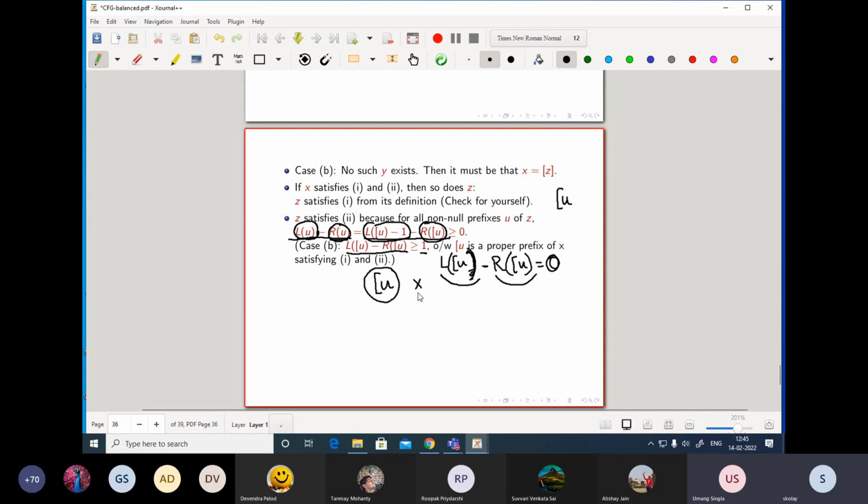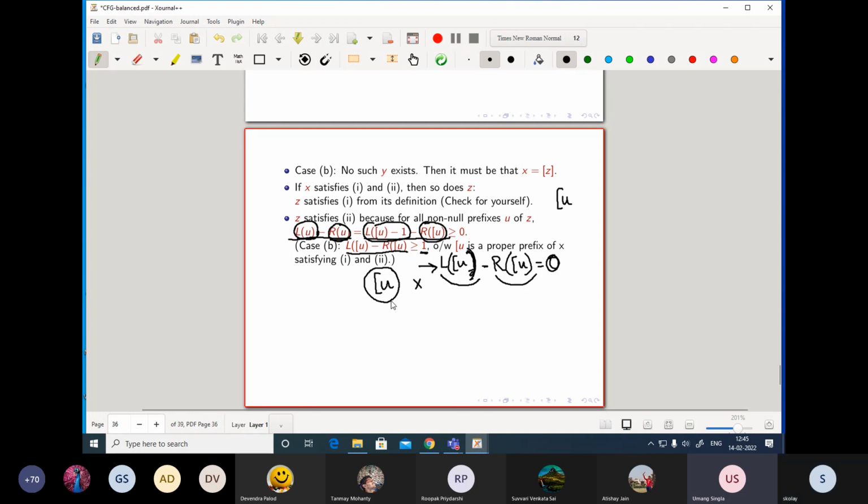That means for all of them, surplus is greater than or equal to 0. That means bracket u is a proper prefix of x that satisfies both 1 and 2. Therefore, since we are in case B, condition 1 does not hold for bracket u. Condition 1 not holding for bracket u means that L of bracket u minus R of bracket u is at least 1.